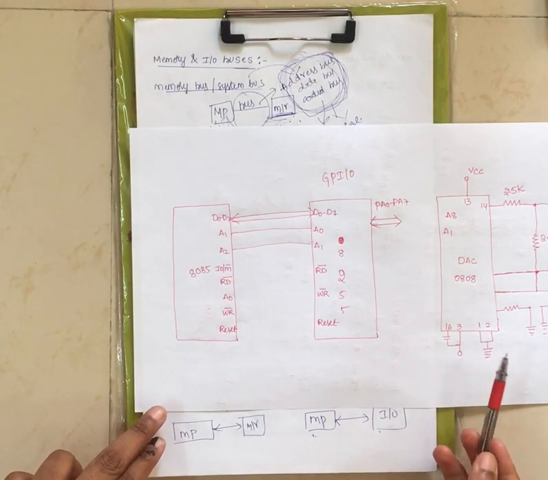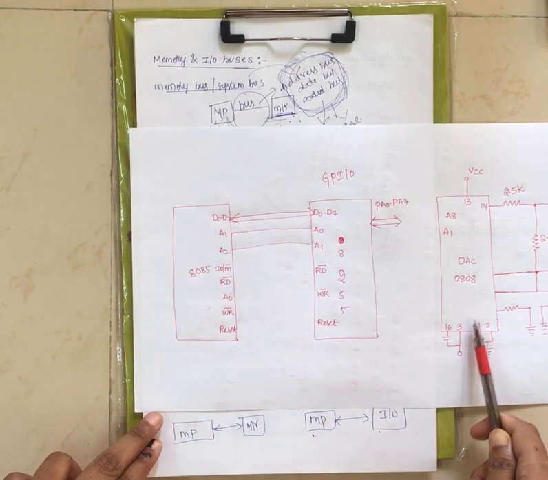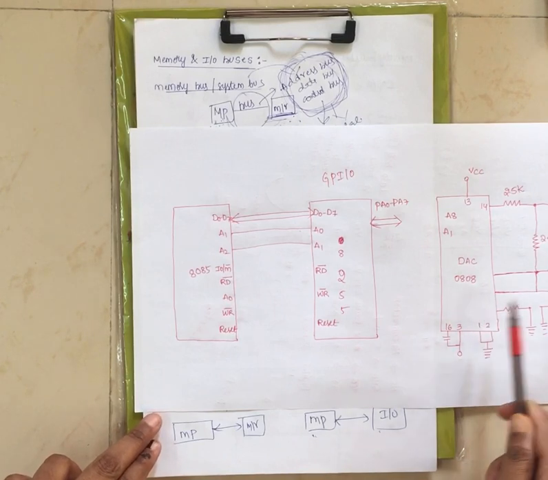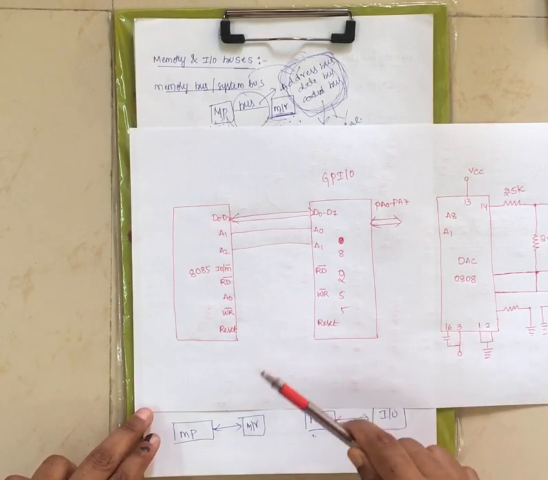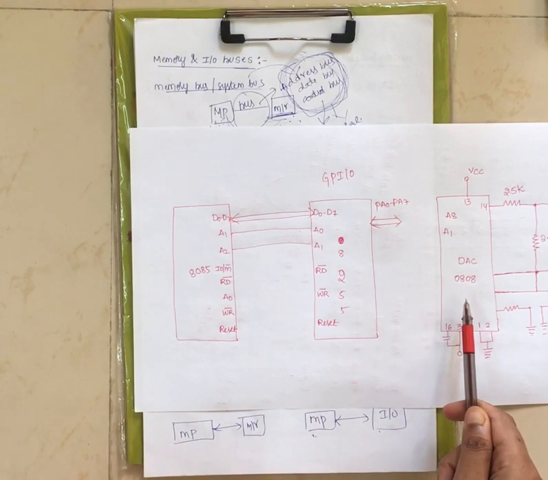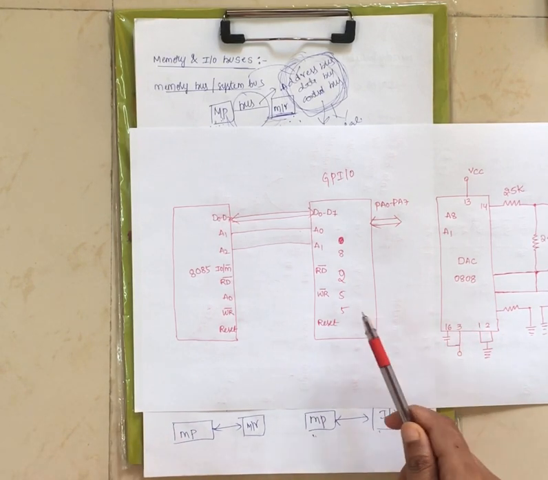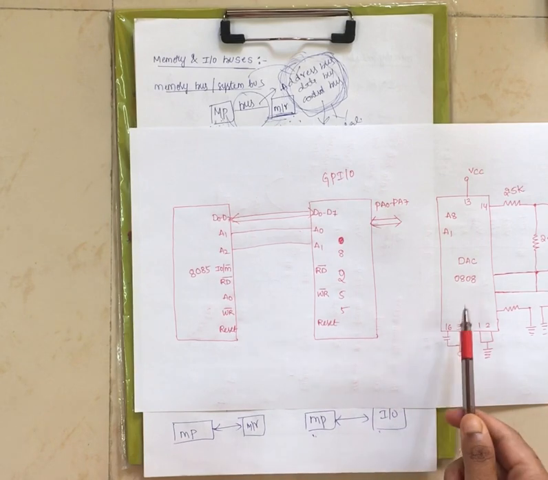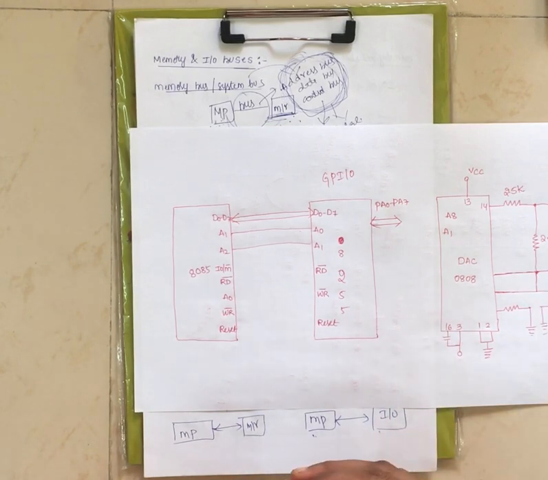Because this is an IO device, another IO device you are interfacing with your microprocessor. This is not a memory location. You are not treating this particular IO device as a memory location. You are treating the IO device as an IO device only.